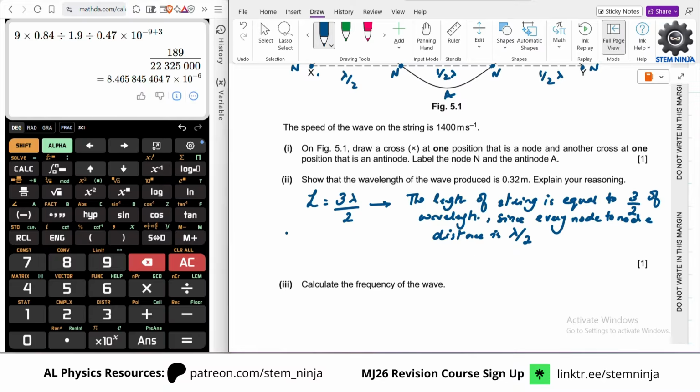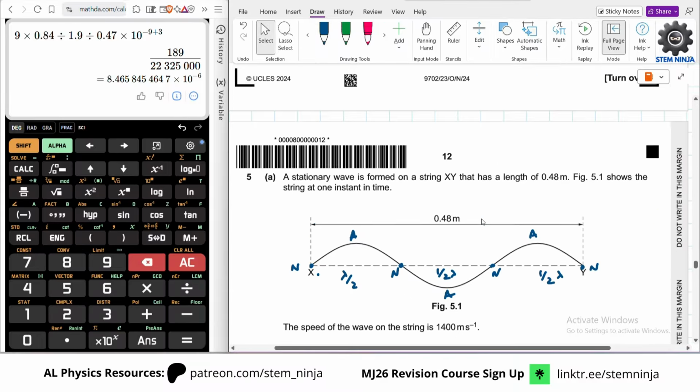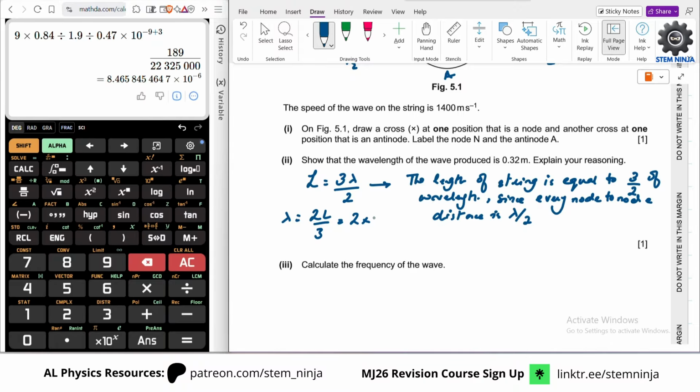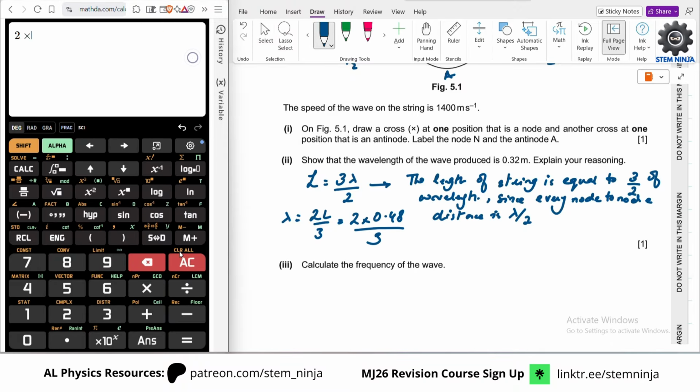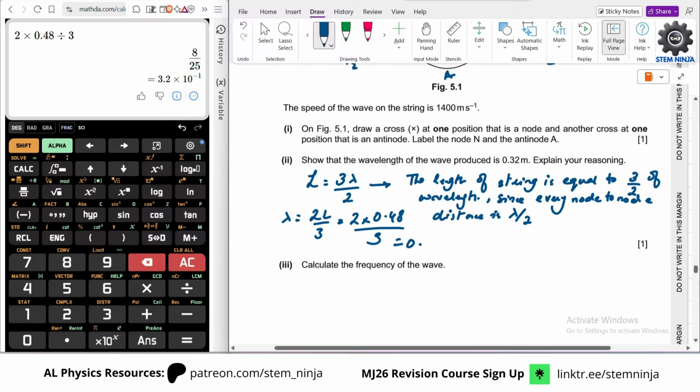So lambda would be therefore 2L over 3. So 2 times 0.48 divided by 3, so this is 0.32 meters. Okay, alright.